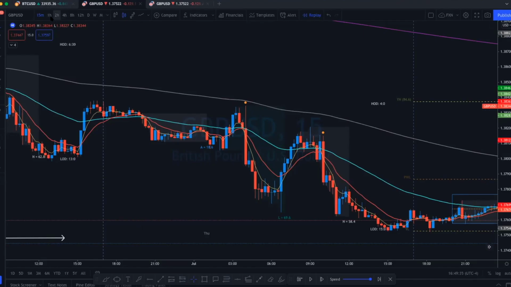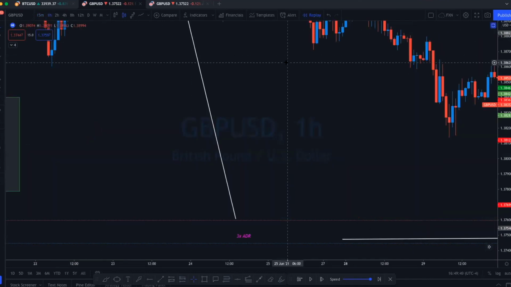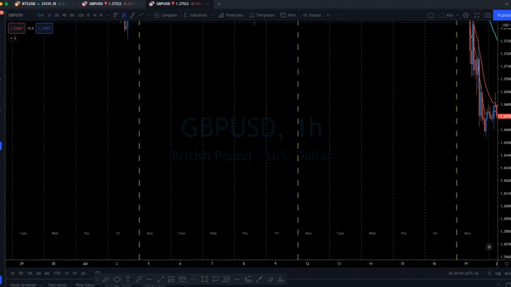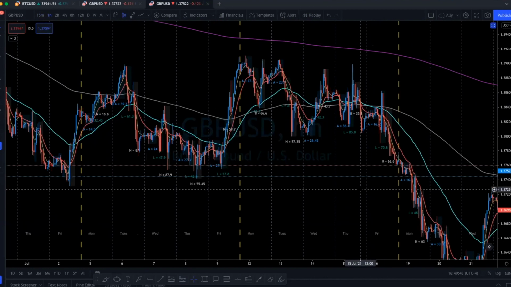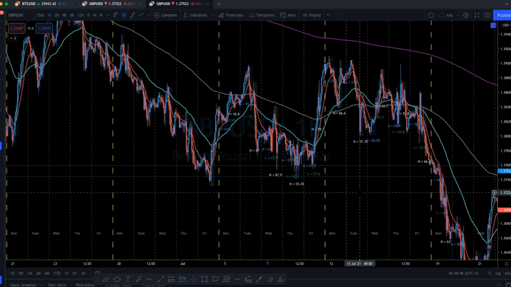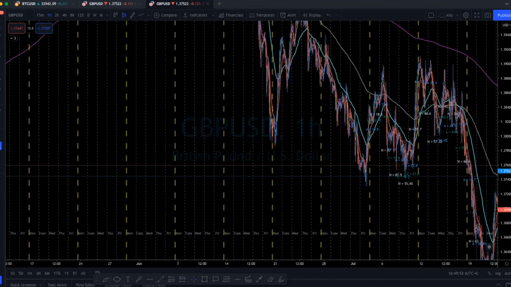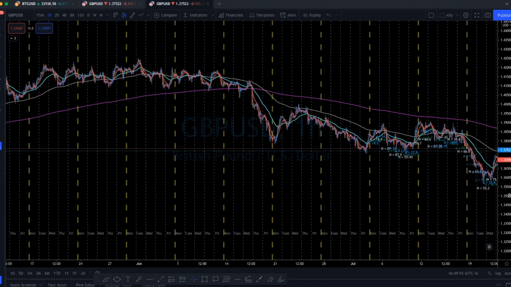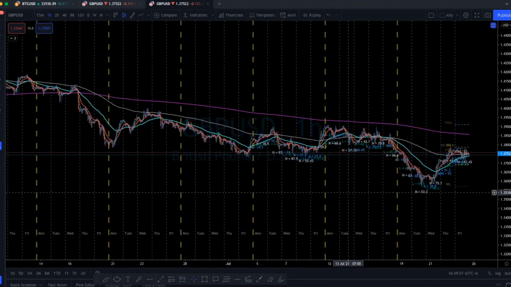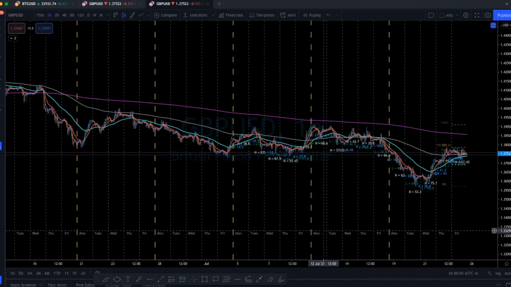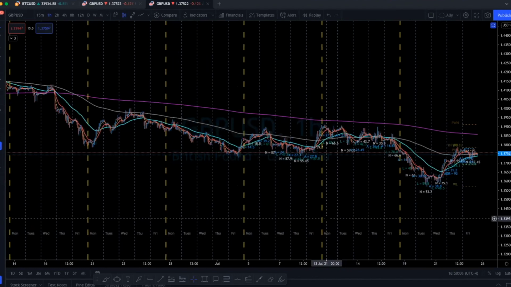The easiest way to see the weekly cycles is if we go out to the 1 hour time frame, because they'll become very apparent. The big yellow dotted lines on the chart are the beginning of the week and the end of the week. So you can see Monday through Friday.